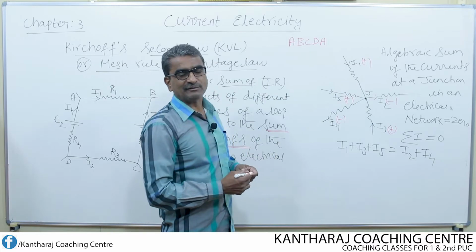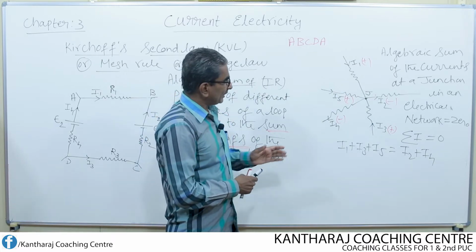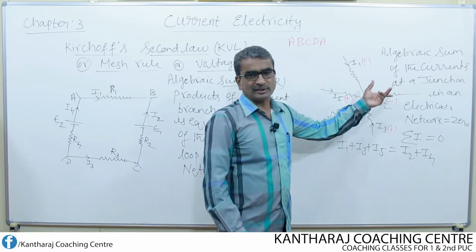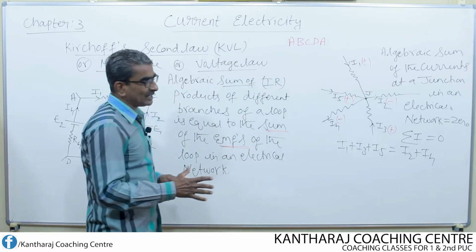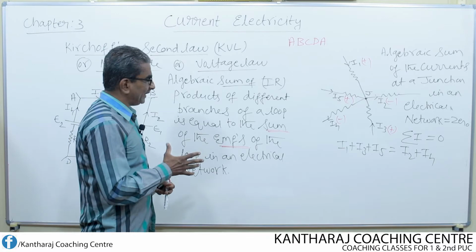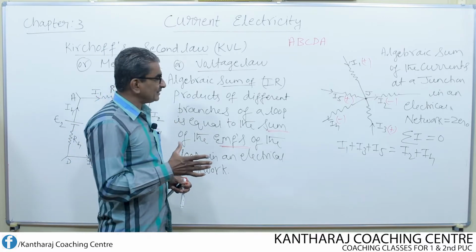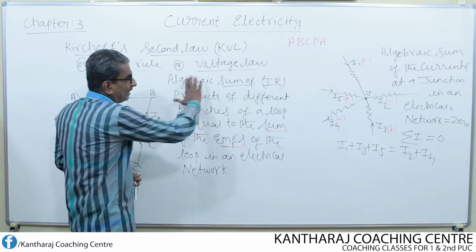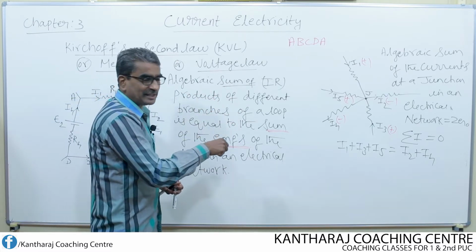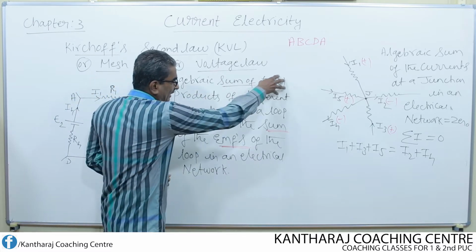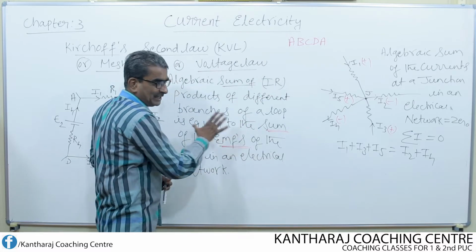So that's the sign convention we applied while writing the equation with respect to Kirchhoff's first law or current law. In the same manner, we have to apply the sign convention to write the equation according to this law, and we have to apply the sign convention both for IR product and for EMF.